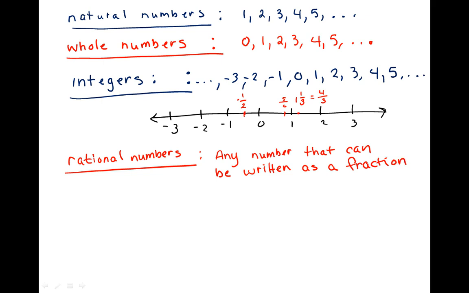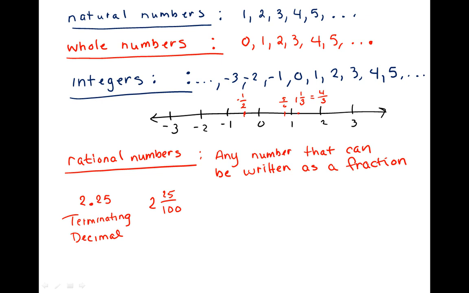Now let's just say I have the number 2.25. Now this is a terminating decimal, a decimal that stops. It doesn't go on, it ends at 2.25. I could rewrite this as 2 and 25 hundredths.